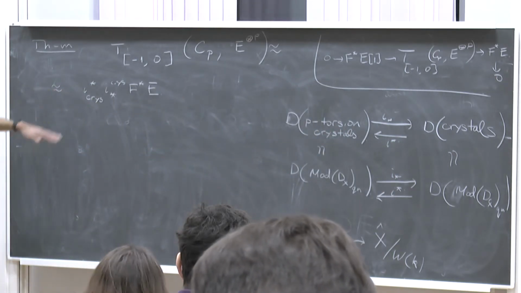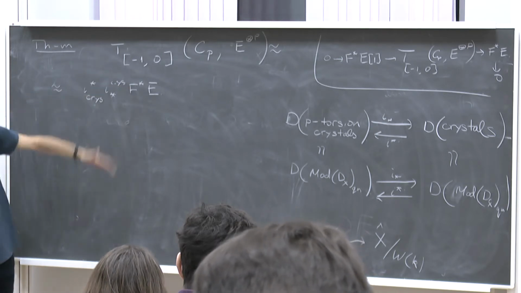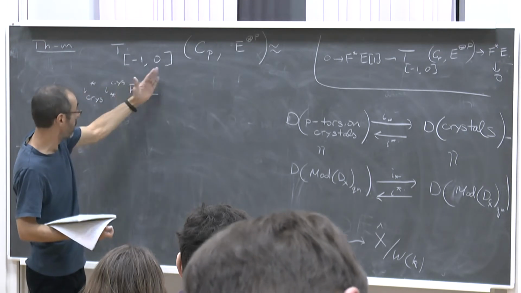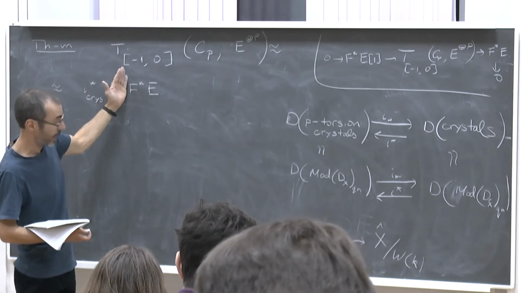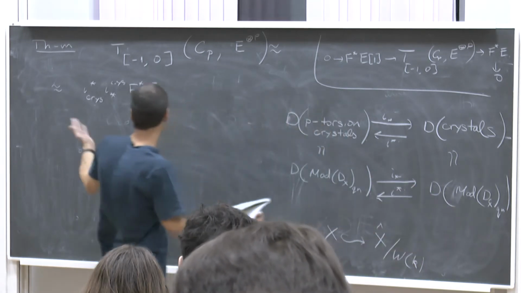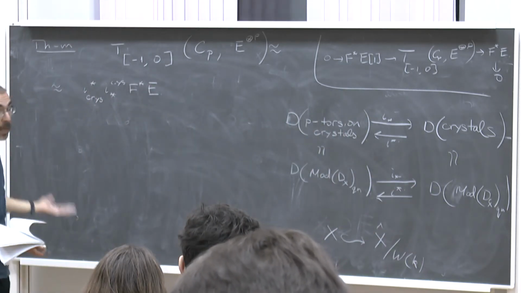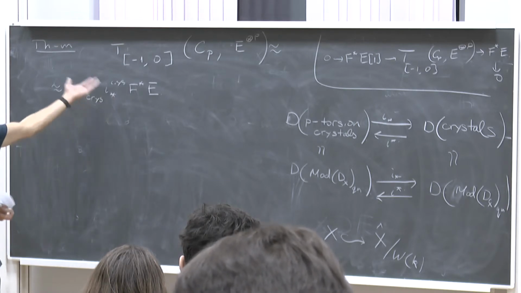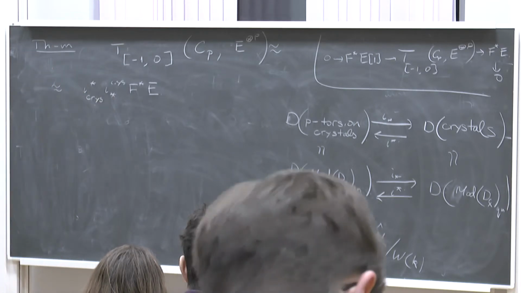If you happen to have a lifting, then you look at this guy as a D module on X hat. You resolve it by a complex of flat over Z_p D modules, and then just tensor it with Z mod p. Easy.